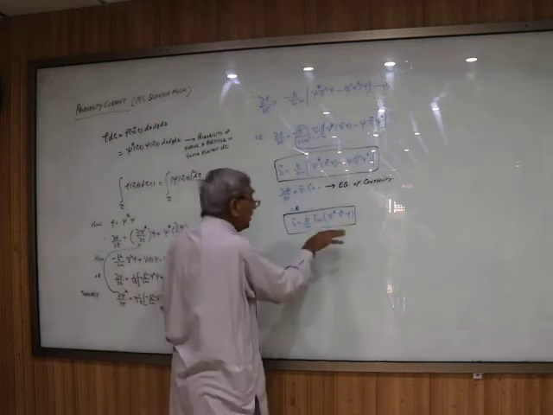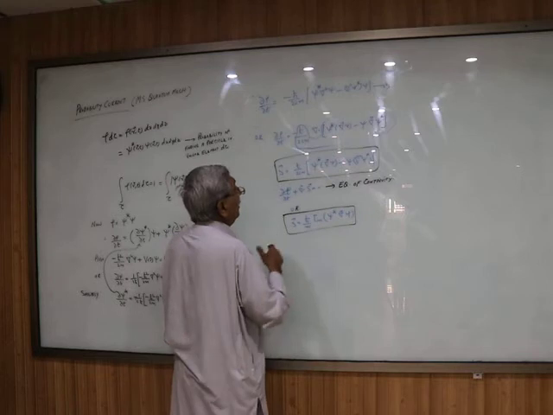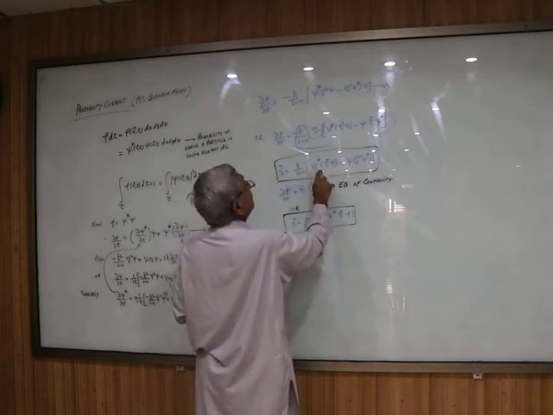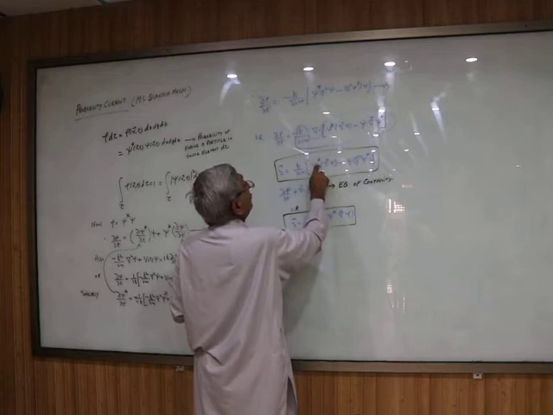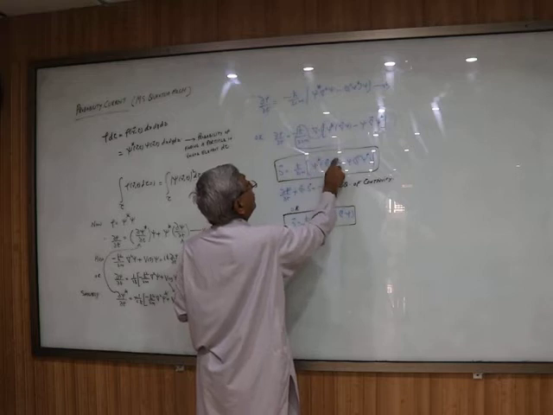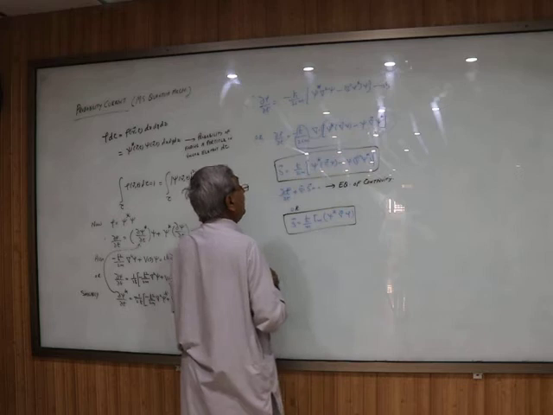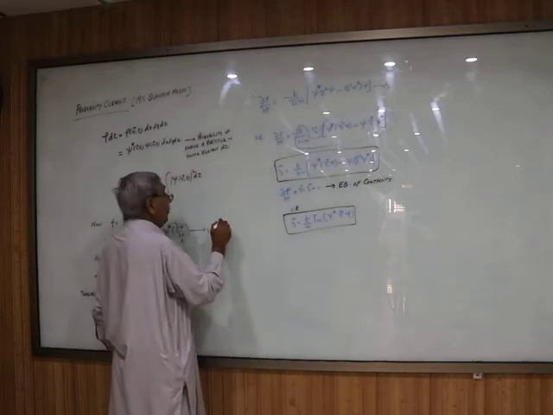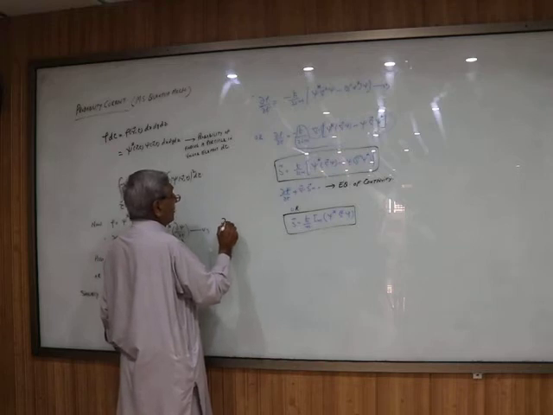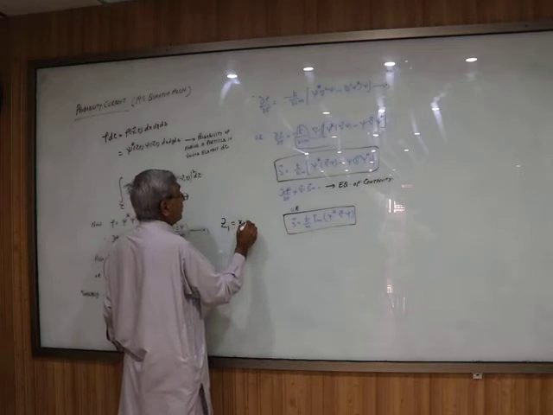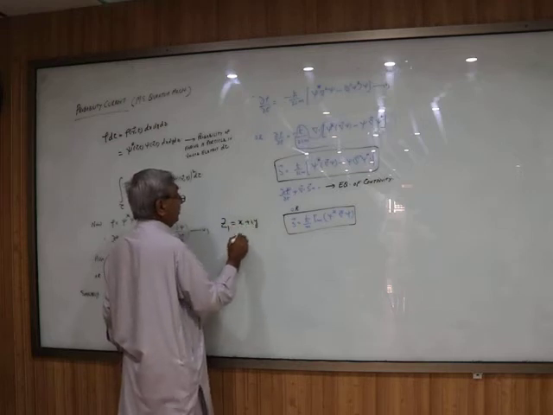And this can further be written as this one, because if you take the conjugate of this quantity, then this star will disappear, but a star will appear here, so it means it is the complex conjugate of that. Now suppose that you have one complex number Z, which is x plus iy.